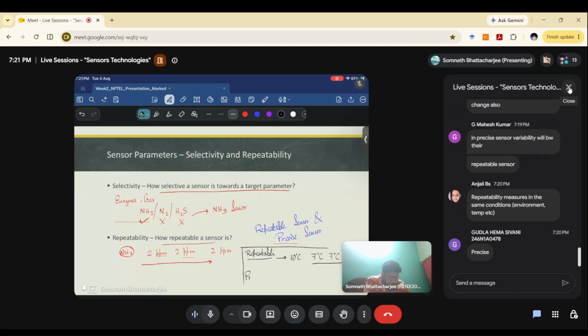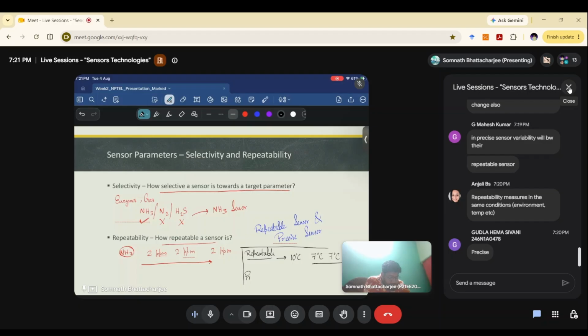So for, let's say, 10 degrees centigrade, we are getting a value that is 9 degrees centigrade. Somewhere we are getting 11 degrees centigrade. Somewhere we are getting 10.2 degrees centigrade. So this is a very precise sensor, right? It is not a repeatable sensor. It won't be able to repeat the answers. But for a precise sensor, the answers don't need to be repeated, but the answer needs to be precise. Now let me know which one is a more desirable sensor. Which one do you desire for your specific application?